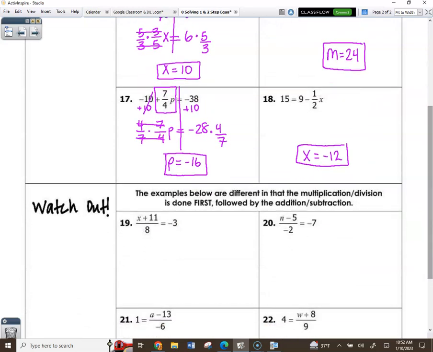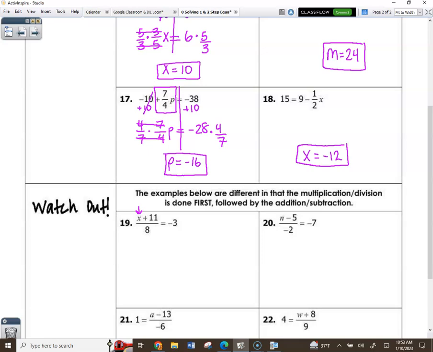Let me work 19 because it looks like there is one of them on here just in case. Look at 19. Can I go in and box in the entire term? No. I need to focus my attention on the x. So you have 2 things in the way. You have a plus 11, and then you have this giant divide 8, right? What do you think has to move first? The 8's got to go first.